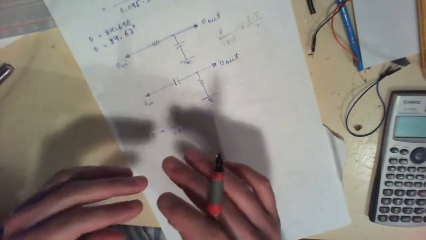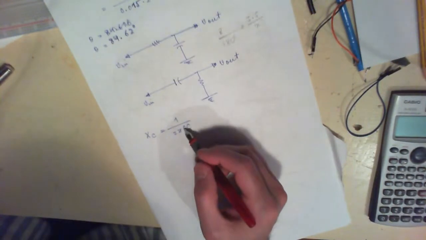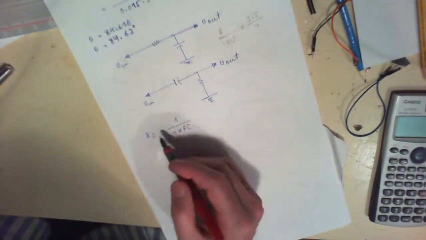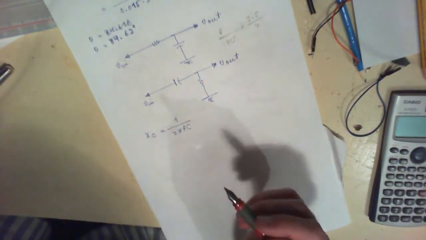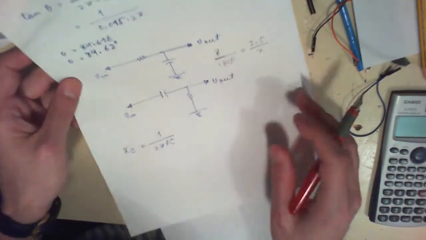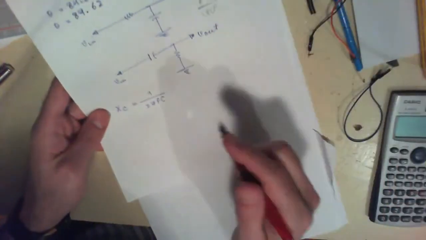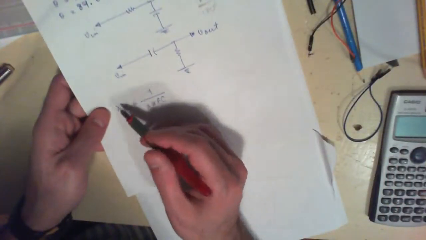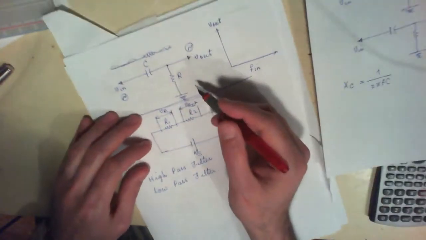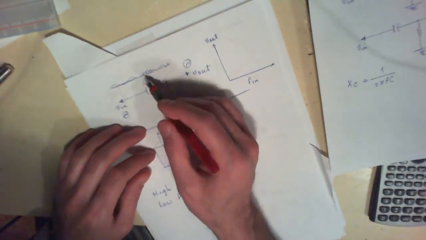There is some sort of inverse relationship between the frequency and the reactance of the capacitor. So as you increase the frequency, the reactance of the capacitor is going to decrease.